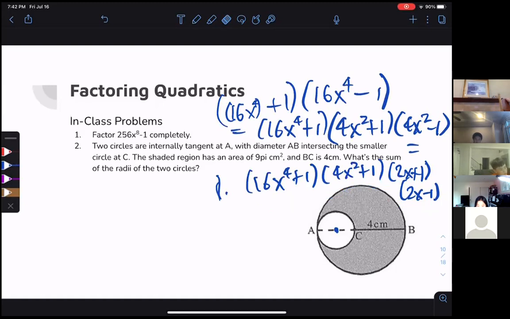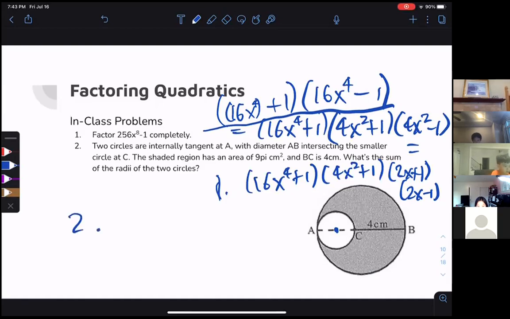Remember, if there are still differences of squares, you can factor them out. Don't leave them unfactored. Quite a few people just stopped at this step. Just factor it completely into the smallest terms possible that still have integer coefficients. All right, that's basically this.